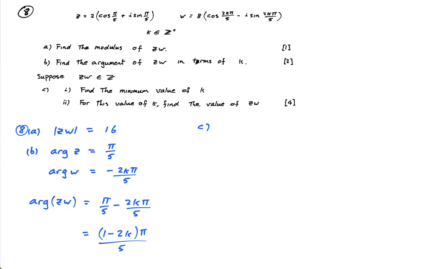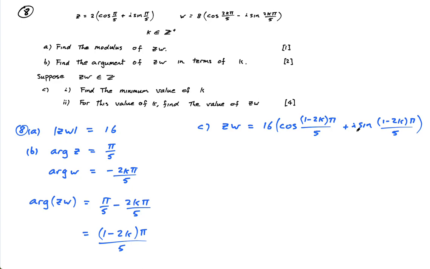Okay, for it to be an integer, let's write down what zw actually is. zw is now equal to 16 cos of this, because this is the argument, cos of 1 minus 2k pi over 5 plus i times sine of 1 minus 2k pi over 5. That's what zw is. So I need to find the minimum value of k such that this whole thing is an integer.